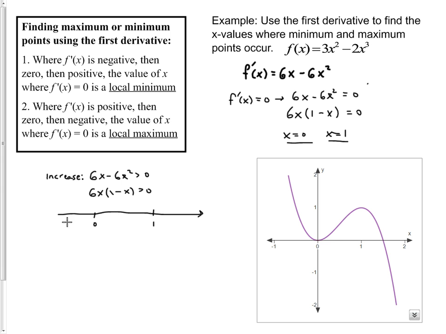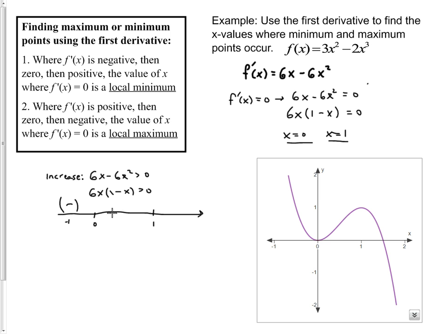Let's go to -1 back here. What happens at -1? Well, 6 times -1 would be multiplied by 1 minus -1. Is that true? Well, no, right? That makes our derivative negative here.